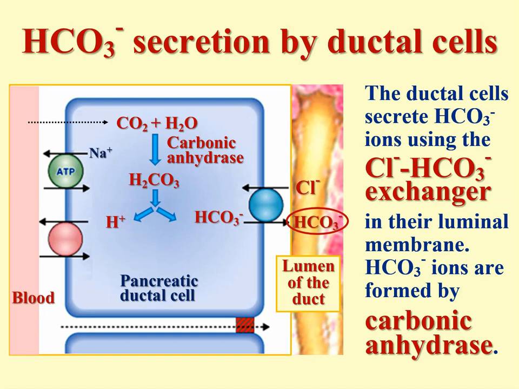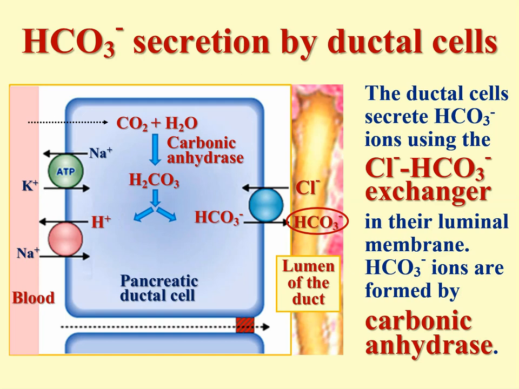Then, H+ ions are removed into blood using an exchanger, but the exchanger works due to low sodium concentration in the cell, which is maintained by the action of the usual sodium-potassium pump that constantly keeps sodium concentration in the cell at a low level. And now sodium and H+ ions are exchanged.